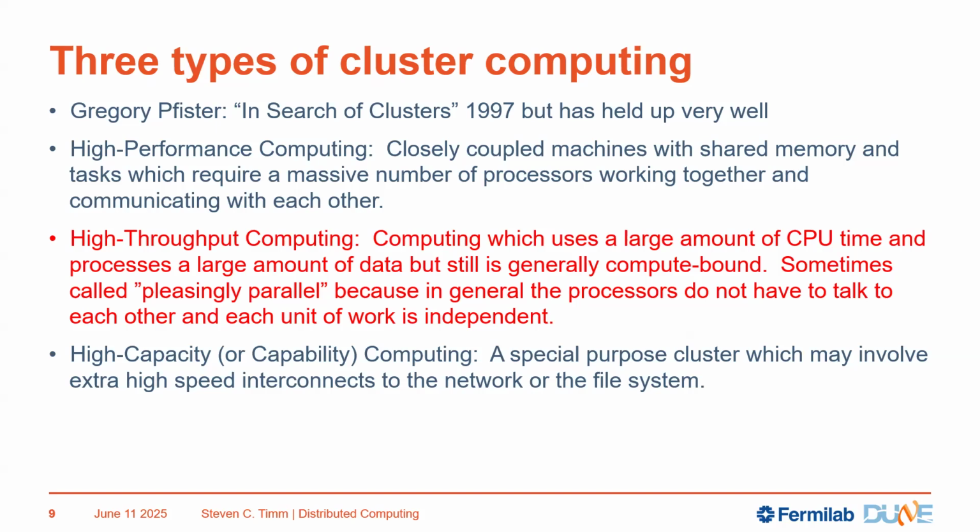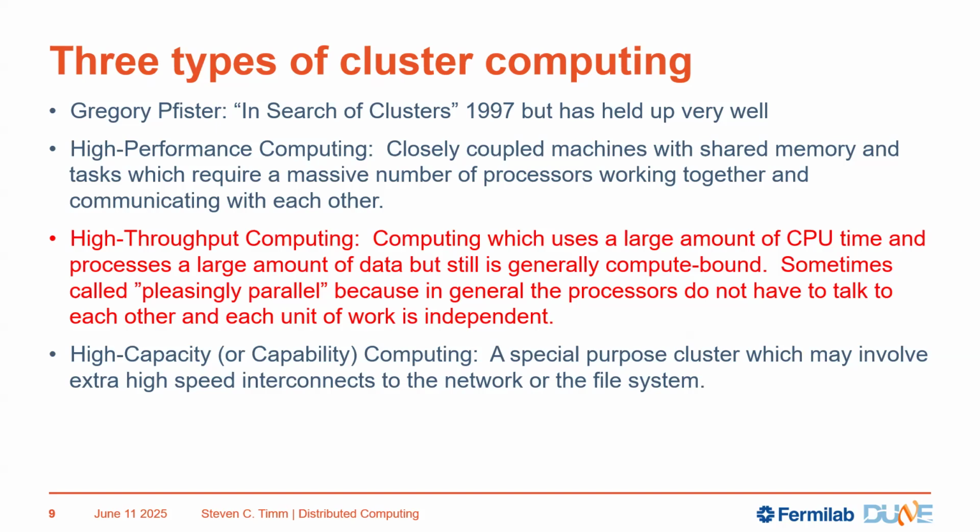And then there's also high capacity or capability computing. These are special purpose clusters. They're much rarer than the other two. There were a lot of these built in the early 2000s, the most famous one being at NASA. It was called the Columbia, after the shuttle, which failed.